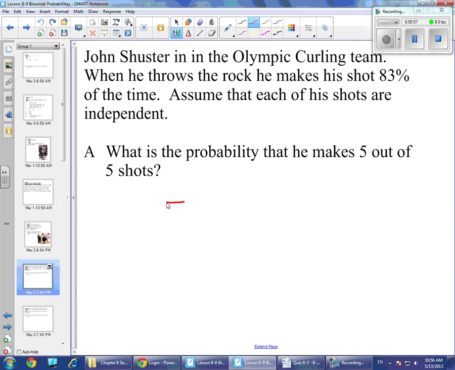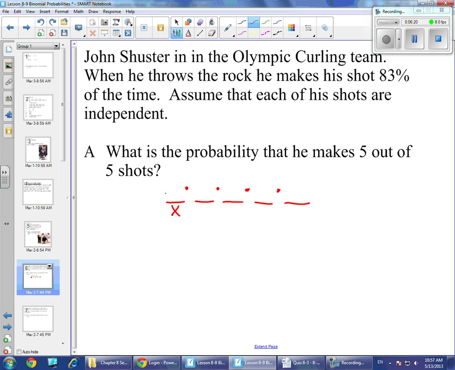Okay, he's taking 5 shots, and there's an order to them: a first, second, third, fourth, and fifth shot. We're assuming it's 83% each time, so each of them is independent. What we learned back in chapter 7 is that you can multiply these probabilities together. So he's making all 5 shots. I'll use a little X for a make.